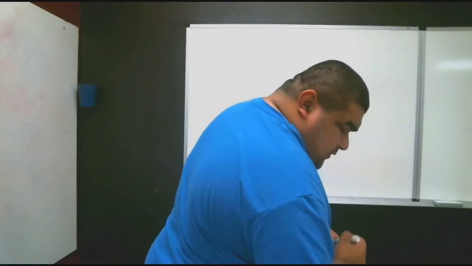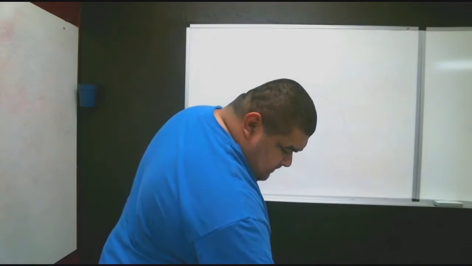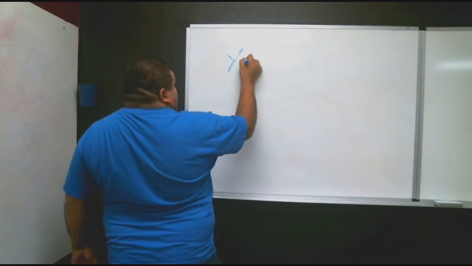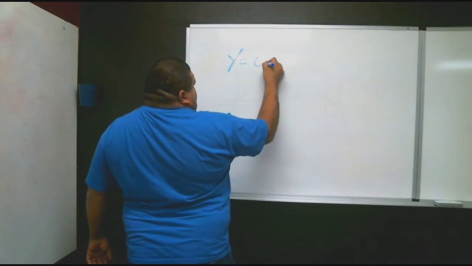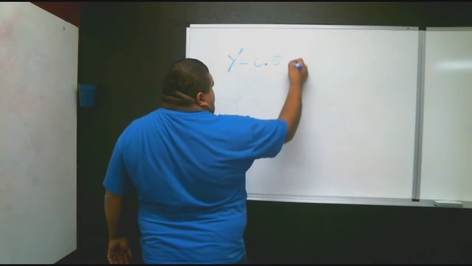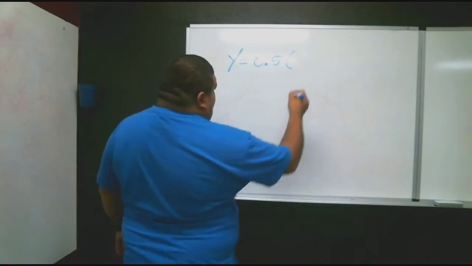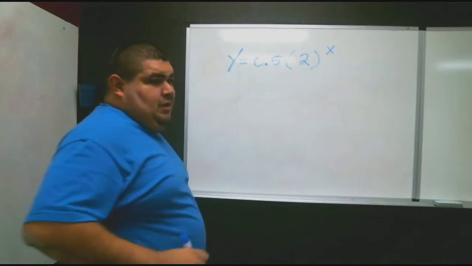For your first example, y equals 0.5, and for b it's going to be 2 to the x power.